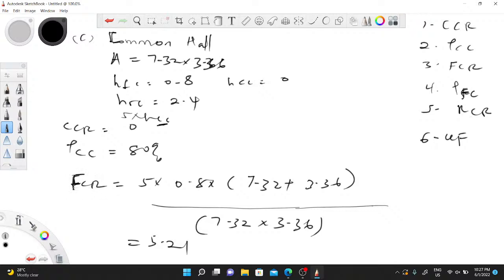Now, after finding FCR, we have to find rho FC, right? So you find rho FC using your wall and floor. Okay, so here let me adjust this. So here you find your rho FC using rho W and rho F. Yes, you can add this to the side so you know what you're actually doing.